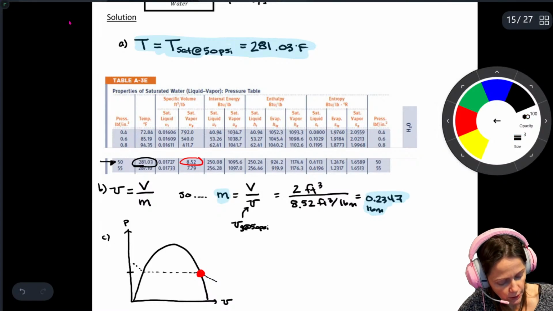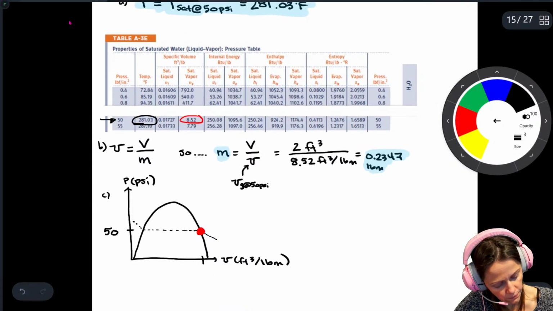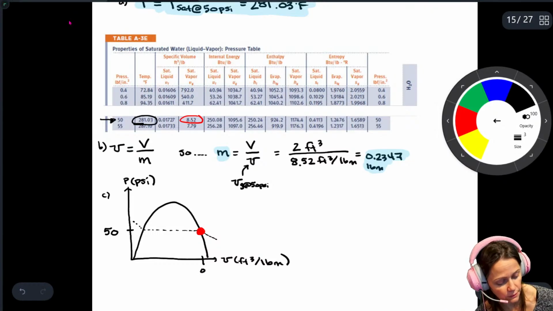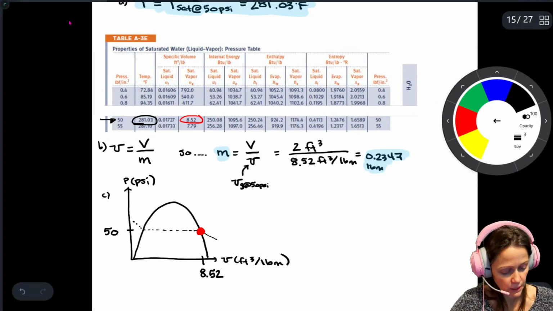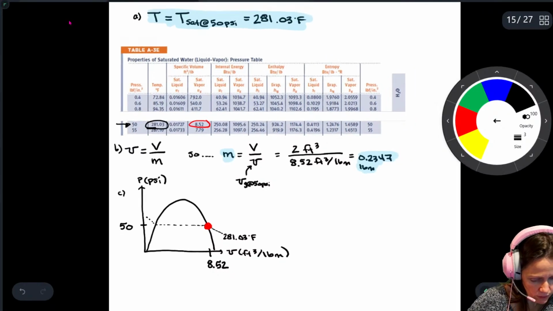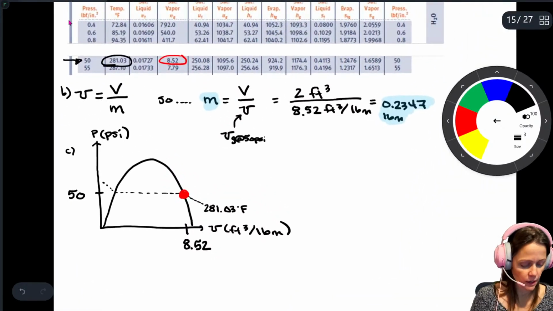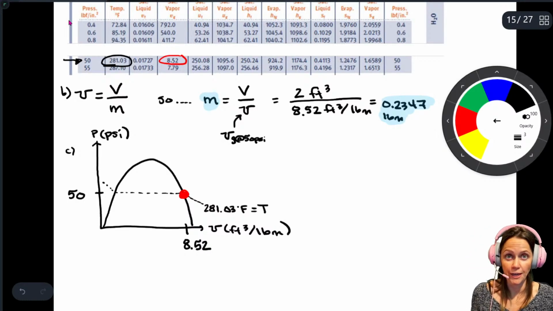I also know that my pressure is 50 psi. And I also know that my specific volume is going to be that 8.52 number I got. And I think that's really pretty much it. I mean, maybe for good measure, I put in what this temperature is, 281.03 degrees Fahrenheit. Was that it? Did I need a PV or is it a TV diagram? No, it's a PV. I mean, that's pretty much all the information that I could possibly want about that data point.